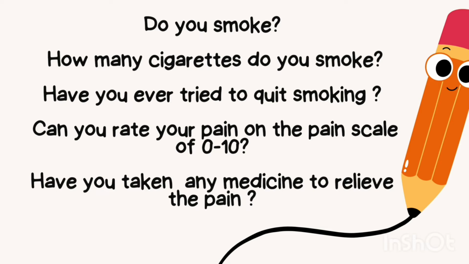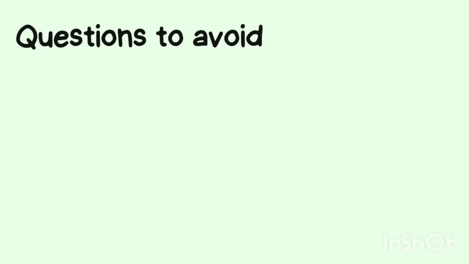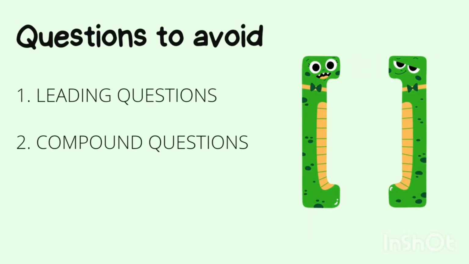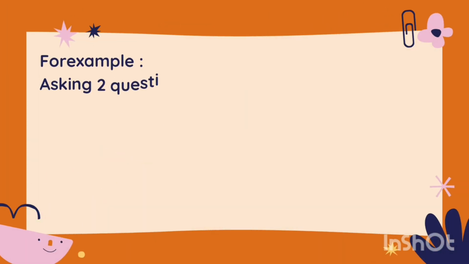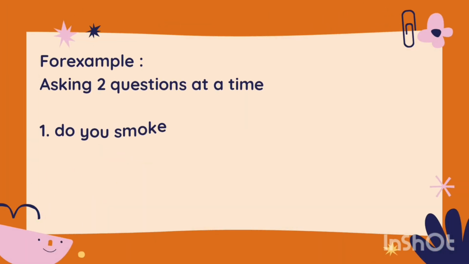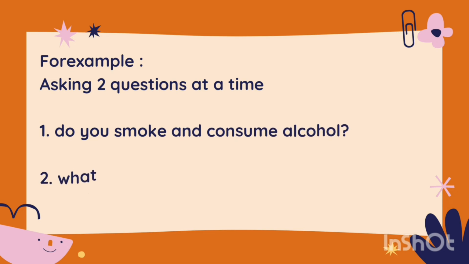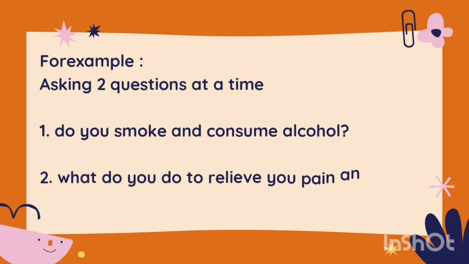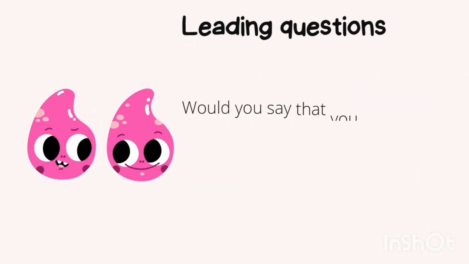While gathering information, it is important to avoid certain types of questions. These are compound questions or leading questions. For example, asking two questions at a time, as candidates usually ask: do you smoke and consume alcohol? What do you do to relieve your pain, and what triggers it? Now let's see some leading questions.